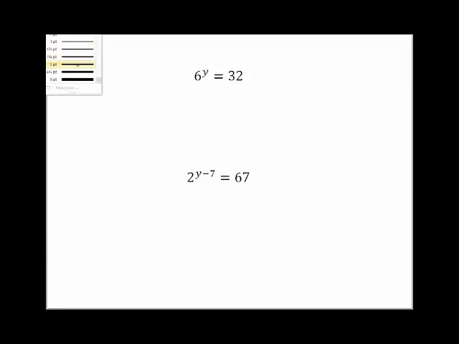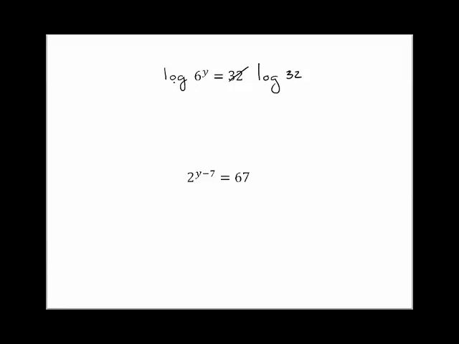I'm not changing the equation, right? So let's add log to both sides. Let's rewrite this as log of 32. Now I haven't changed the equation, right?